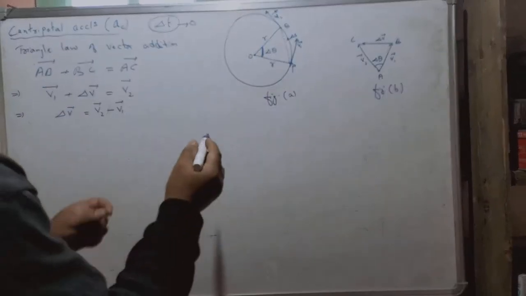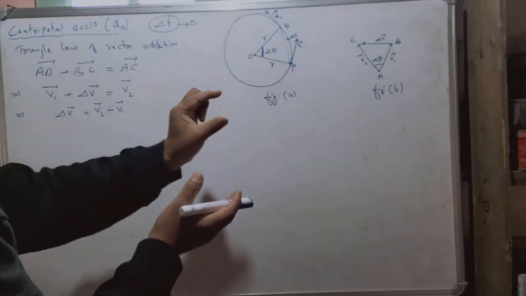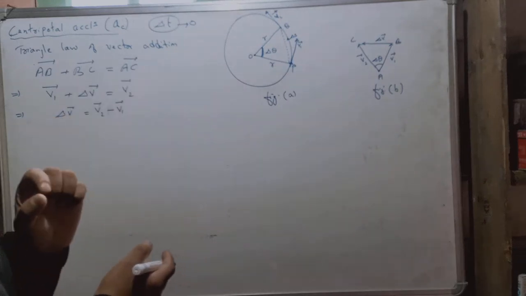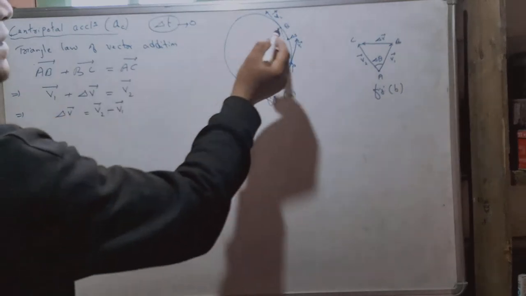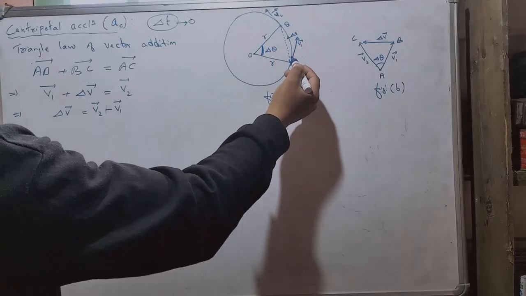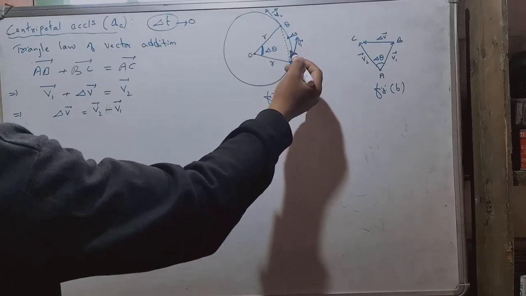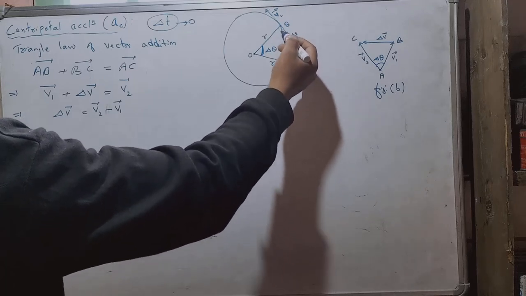No, because for a small time interval, the displacement covered will be small. So point Q will be very close to point P, and then the arc delta S, or the arc PQ, becomes like a straight line, a chord PQ.